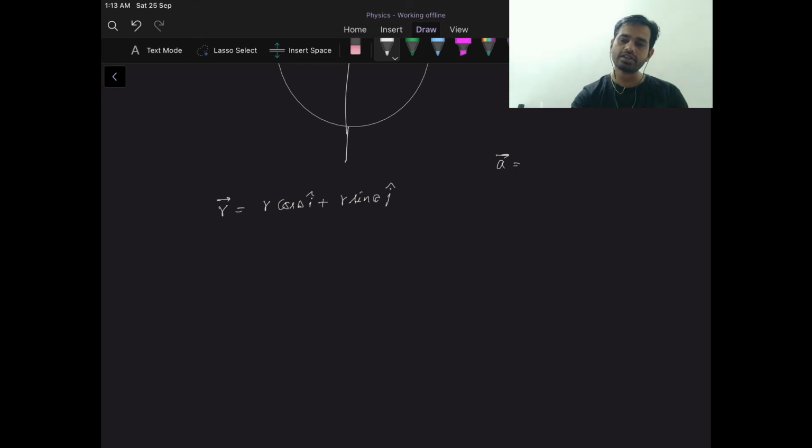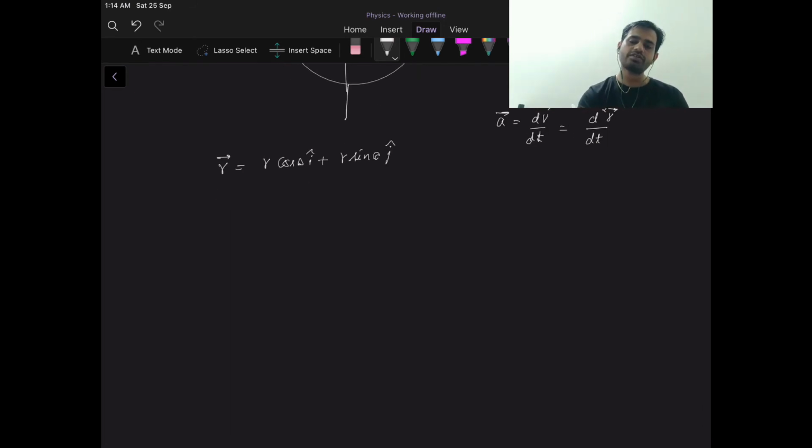Acceleration is just equal to dv by dt, or we can say that it is the double differentiation of vector r with respect to t. Since we have the value of vector r, if we differentiate it twice, we will be able to get the value of acceleration.